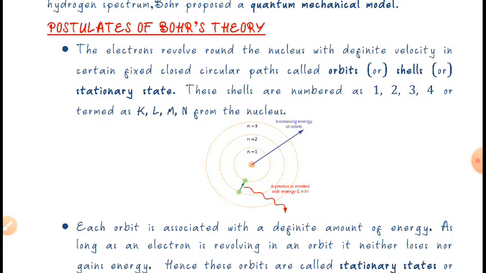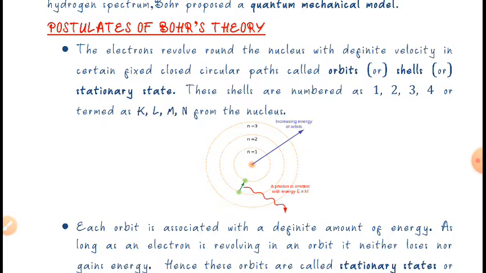If any charged particle is revolving around the nucleus, then according to Maxwell's theory, the charged particle will lose its energy and fall into the proton, if we are considering the electron.